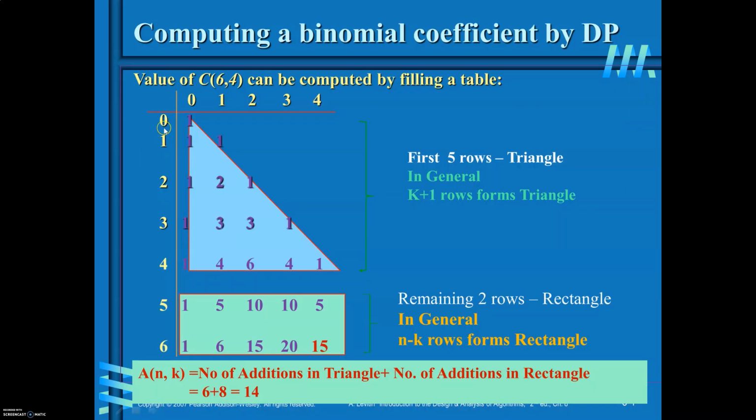Here i is varied from, this is the base condition anyway, C(0, 0), no need to count that. i is varied from 1 to, this is the k value, right? So 1 to k. i is varied from 1 to k and j is varied from 1 to i minus 1.